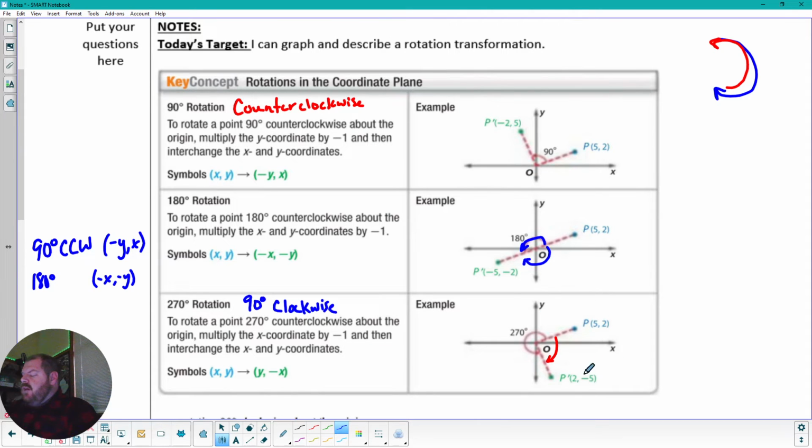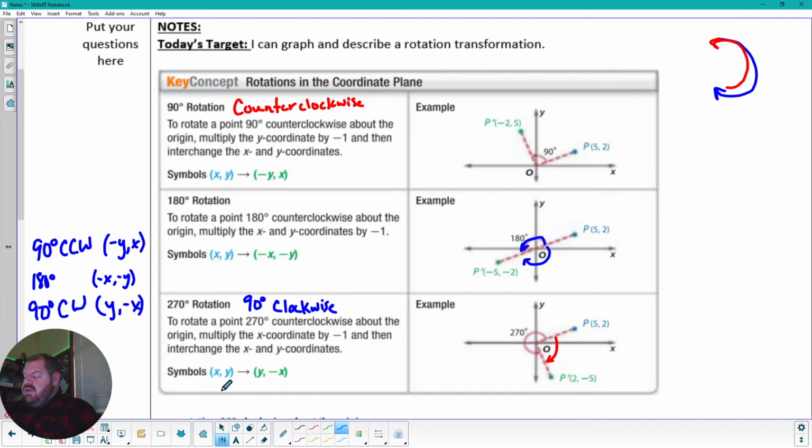It's going to turn (5, 2) into (2, -5), which really just says that we, again, switch our x and y, but up here we made the first one its opposite on a counterclockwise. On a clockwise, we make the second coordinate its opposite. Okay, so we'll say 90 degrees clockwise turns (x, y) into y, negative x.